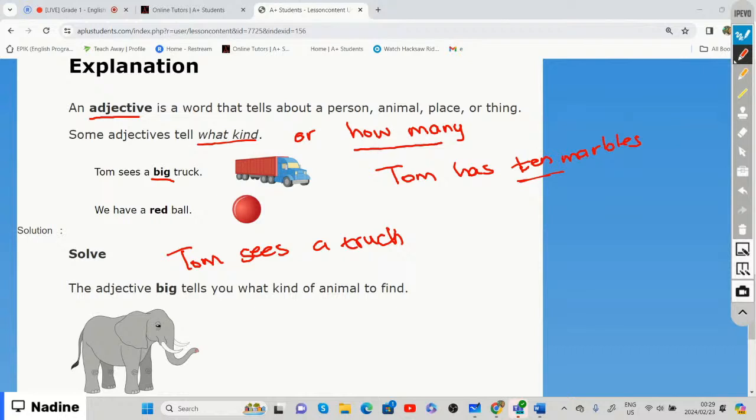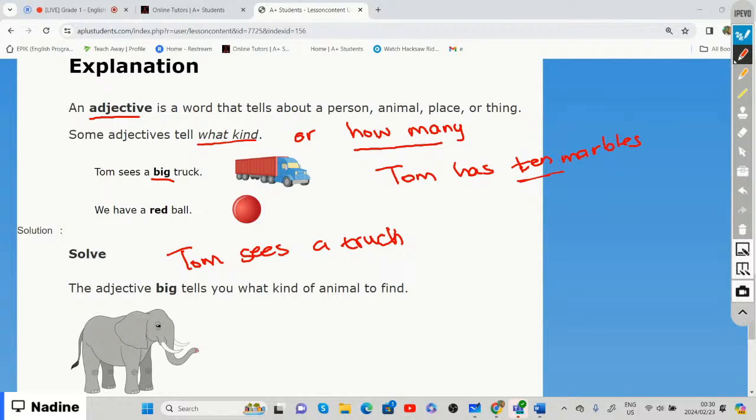Or if you're sitting on the couch, you can say I'm sitting on the red couch, or the blue couch, or the black couch. So you're basically telling us more about the couch, describing it in color, right?